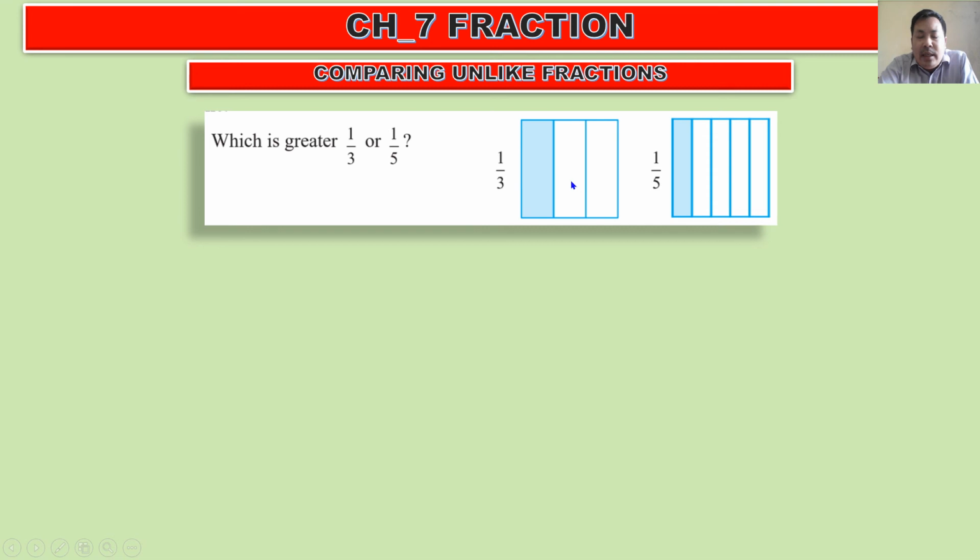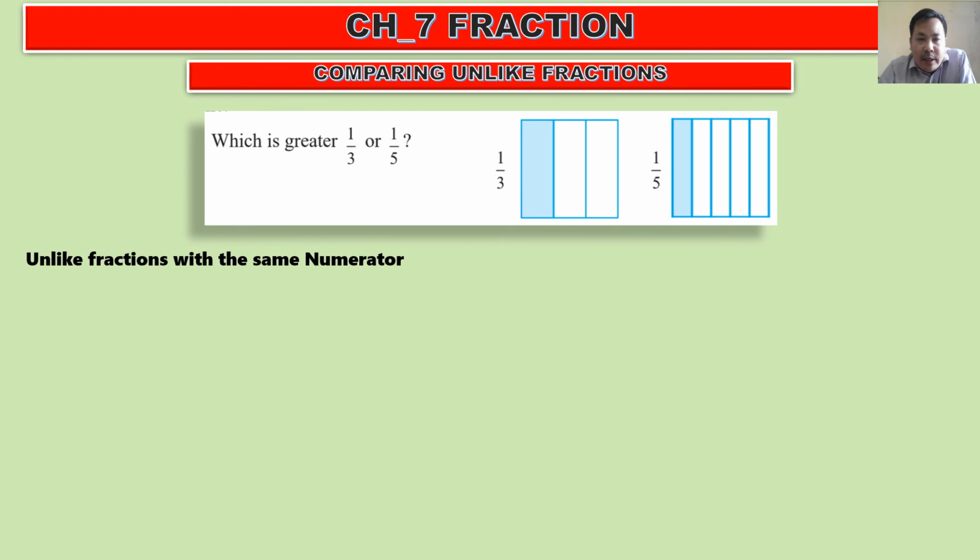But you can remember that when the numerators are the same, then the smaller the denominator is, the larger the fraction. Once again, when the numerators are the same, the smaller the denominator is, the larger the fraction. In this way you can carry on. Okay, clear? So let us see some more ideas on comparing unlike fractions.